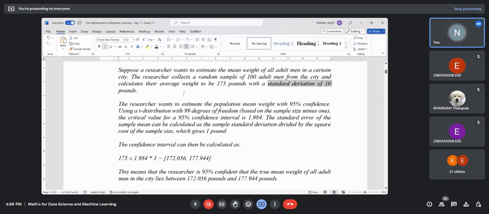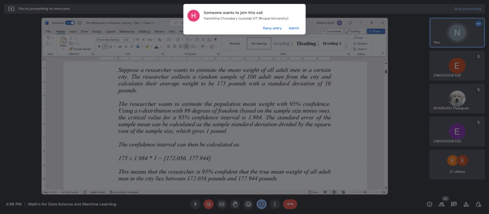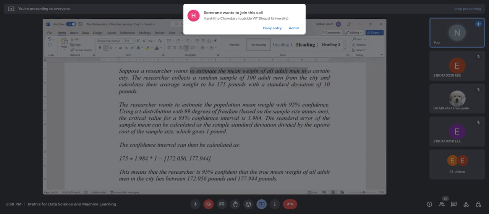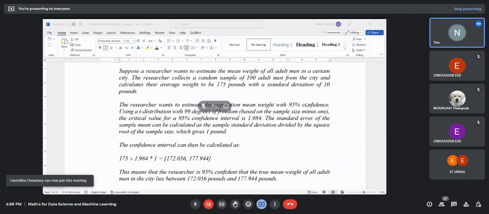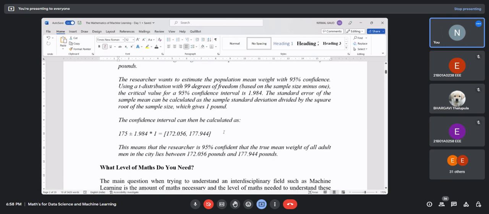My research was to estimate the mean weight of all adult men in the city. However, I started by picking 100 men, and I calculated their average weight and their standard deviation. Now, what happens next after this calculation?